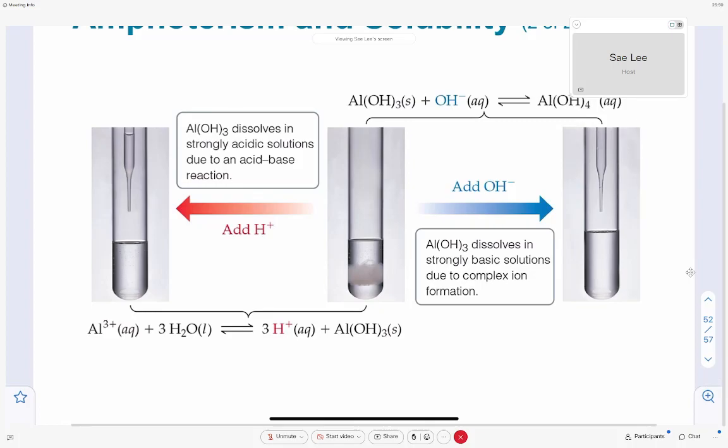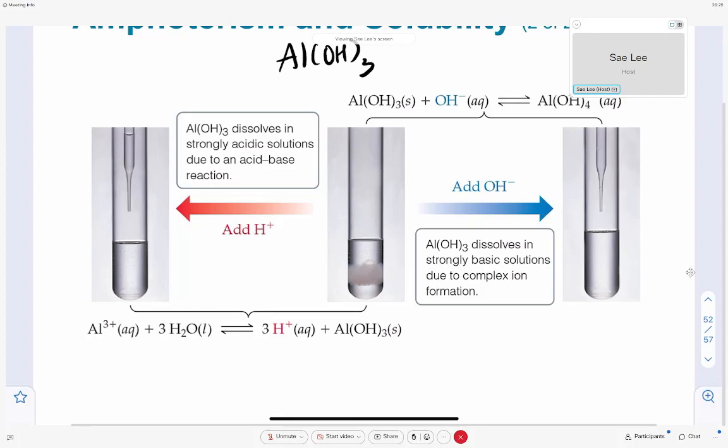Okay, here's an example: aluminum hydroxide. Aluminum hydroxide is amphoteric because it can act as a base and it can also act as an acid. When aluminum hydroxide acts as a base, it will react with any acid that is added to the system and reduce the hydroxide concentration.